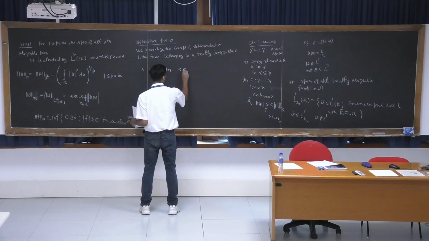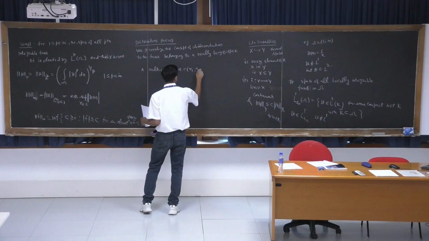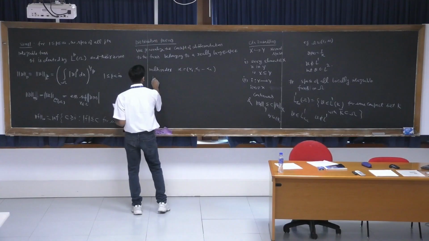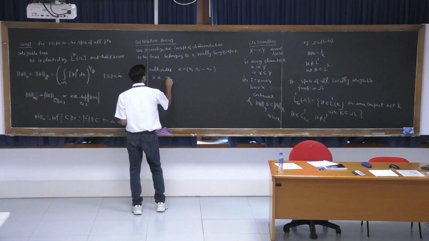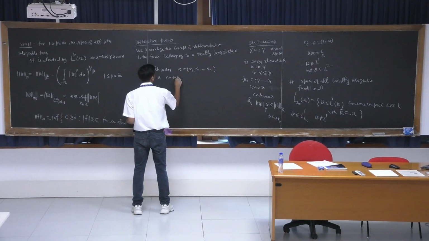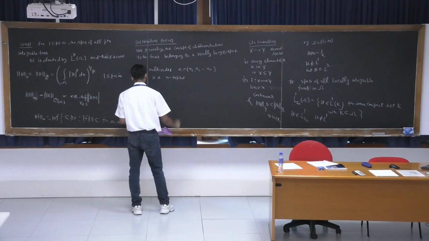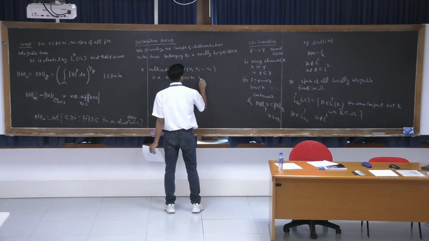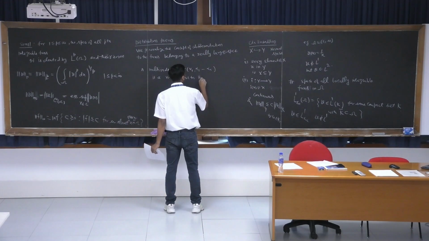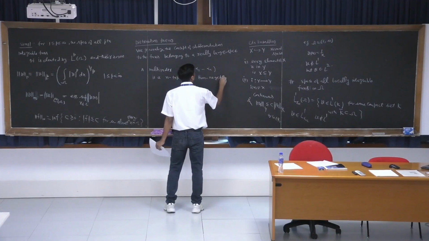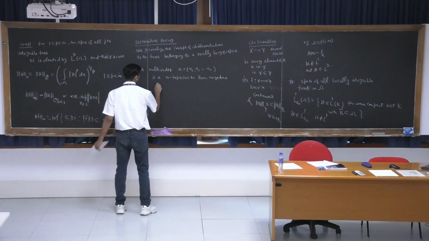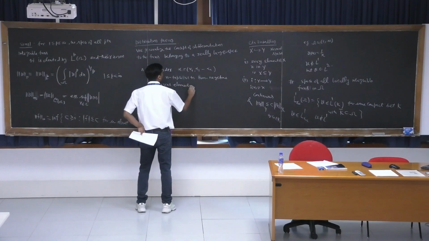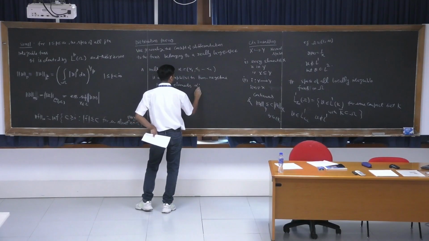So I am saying alpha is the multi-index, alpha equal to alpha 1, alpha 2, up to alpha n, which is an n-tuple with non-negative integer elements.